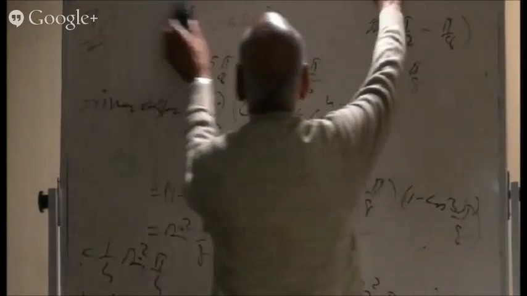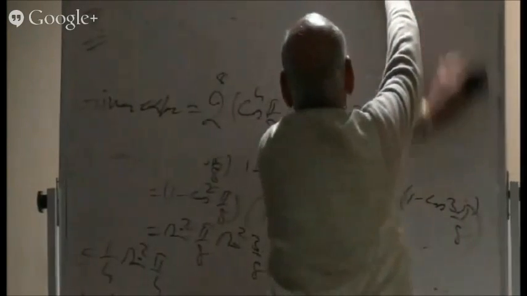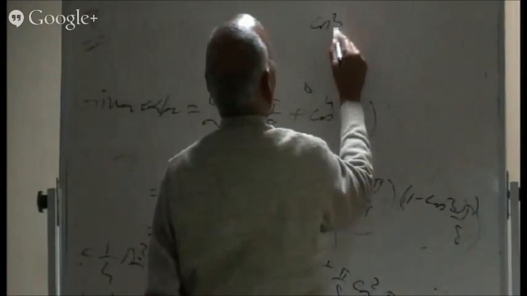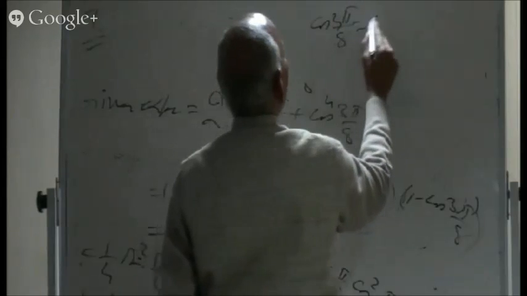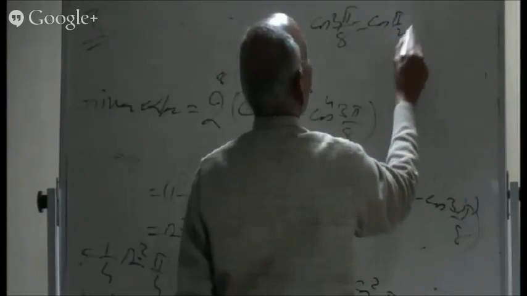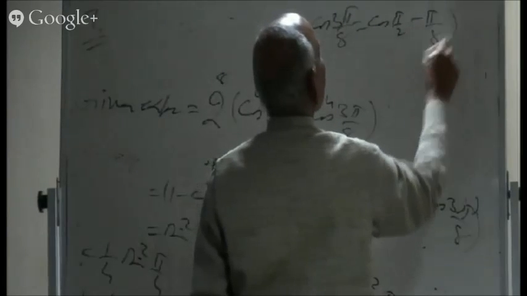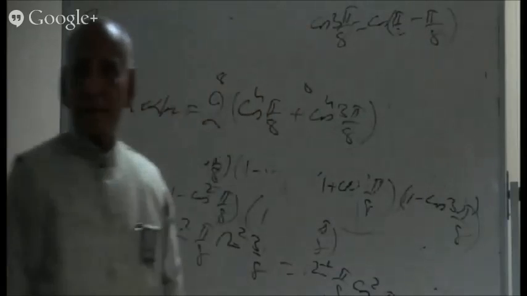And what was cos of 3 pi by 8? Can we manipulate it in that form, as we manipulated there? So look upon this cos of 3 pi by 8. Can I write it as cos of pi by 2 minus pi by 8? Is it right? And what is this?